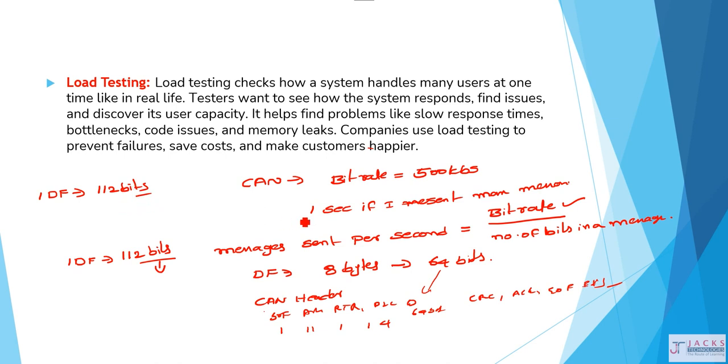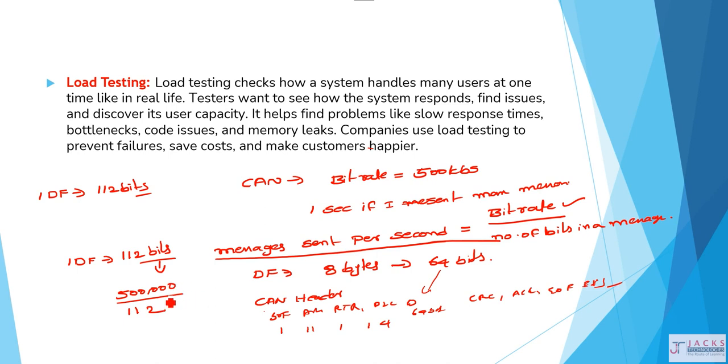Now guys, if you want to check how many messages are sent per second, this is the scenario we use to perform the load testing. So, messages sent per second. What is the bit rate? Bit rate is 500 kbps, right? By how many bits are you transmitting? 112.